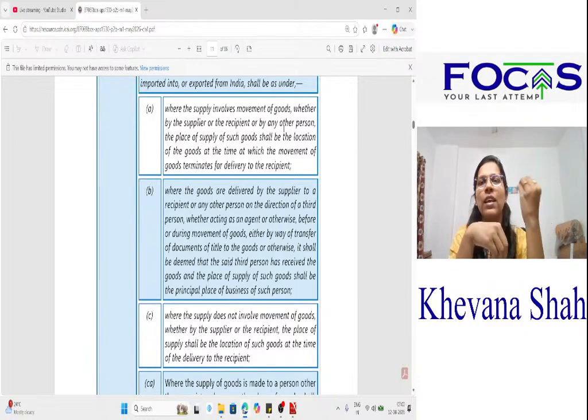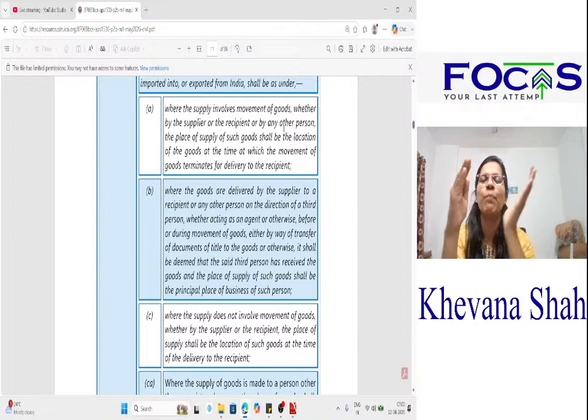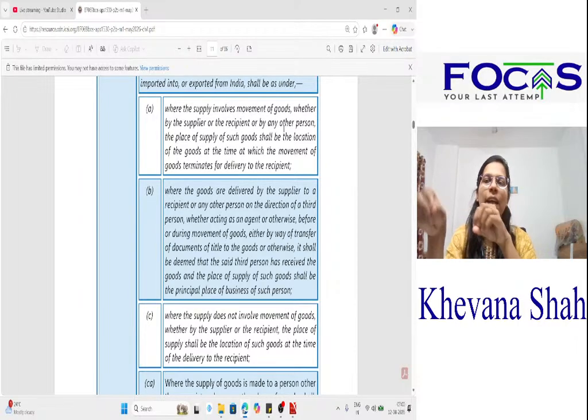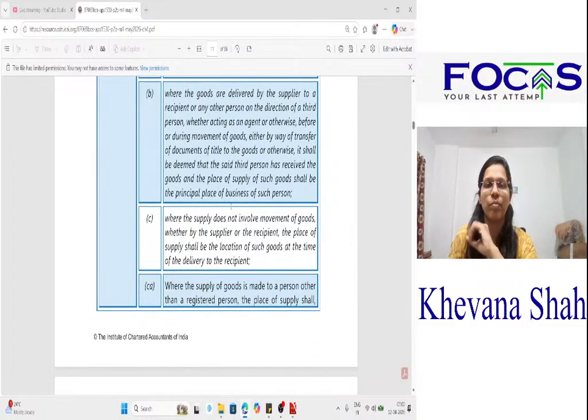In that case, the place of supply of such goods shall be the location of the goods at the time at which the movement of goods terminates for delivery to the recipient. So wherever your movement of goods is ending for being delivered to the recipient, that place is your place of supply in case of goods where the movement of goods is involved.